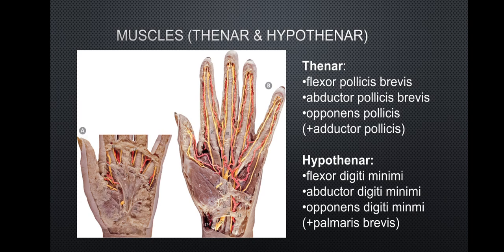Starting with the opponens pollicis muscle, being the largest of the thenar muscles, it lies underneath the other two muscles, that is the flexor pollicis brevis muscle and the abductor pollicis brevis muscle. It originates from the tubercle of the trapezium along the lateral aspect. Somewhere here lies the tubercle of the trapezium.